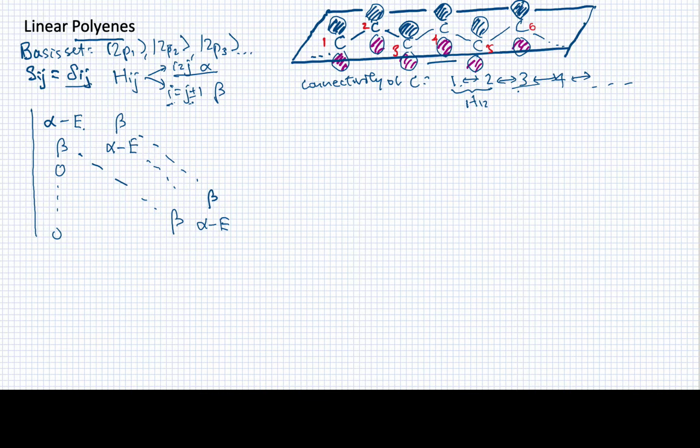But all other elements in this secular determinant will be zeros. All right, so basically what we have is a banded determinant. We have non-zero elements on the diagonal, and we have non-zero elements that are one off the diagonal. Right, and all of this would be equal to 0.